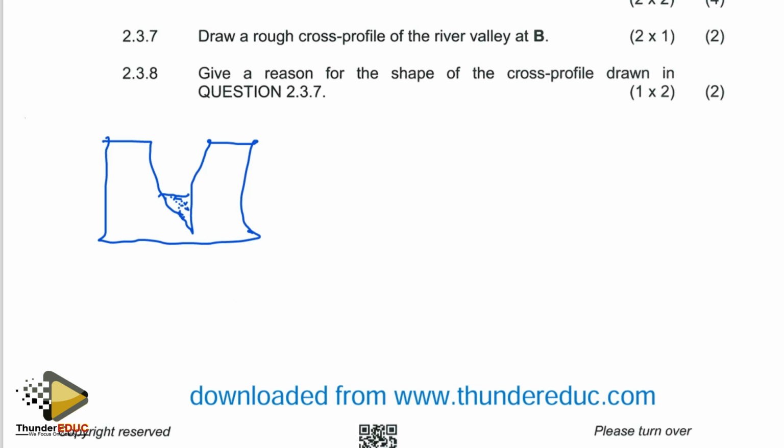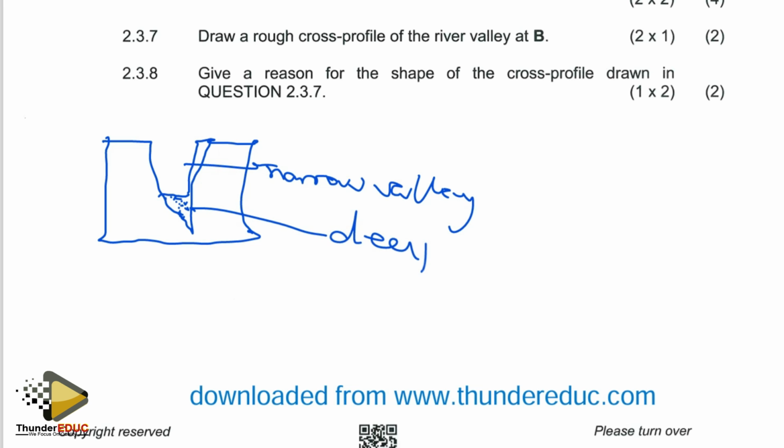What happens with this profile is the profile should have a narrow valley, and the valley should be deep. Those are the basics that should be addressed by that part, because the river is still in its youthful stage, where it is eroding vertically.